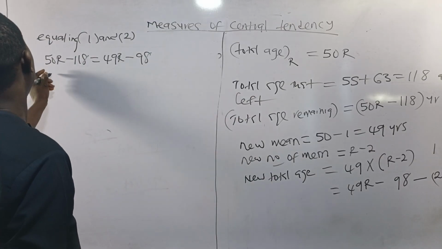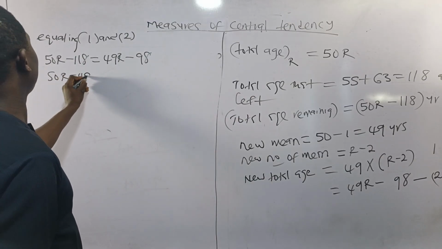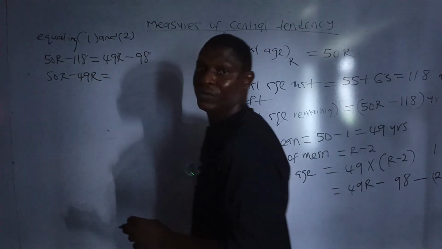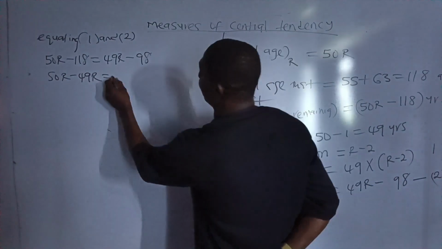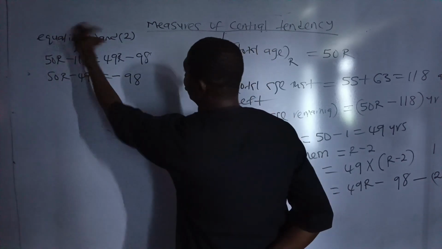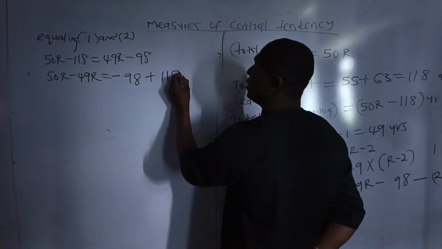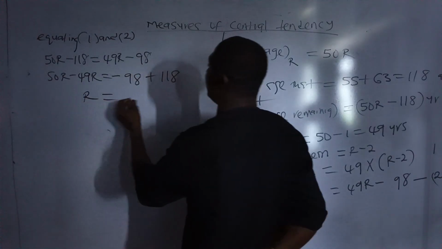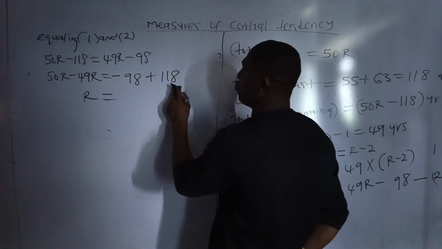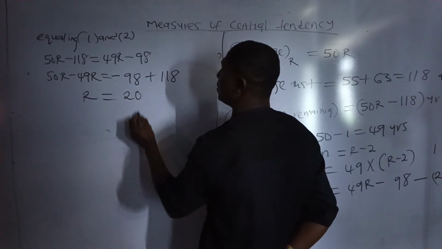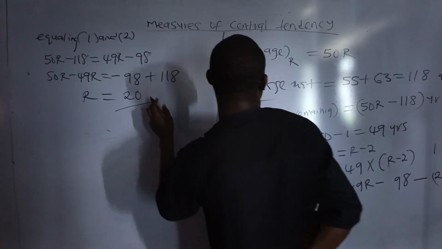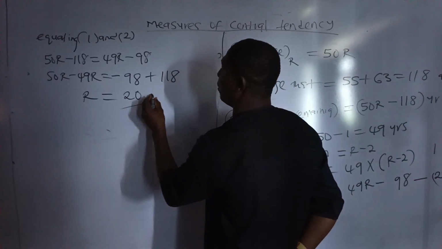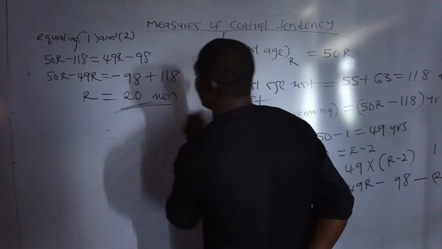Now, 50n minus 49n will be equal to minus 98, and the 118 crosses over to become positive, so n equals minus 98 plus 118, which gives me 20. So we have 20 men as our final answer.